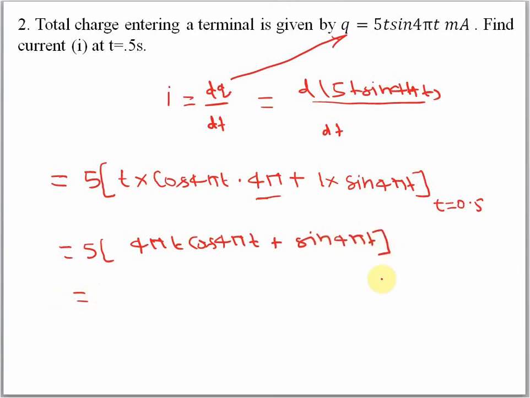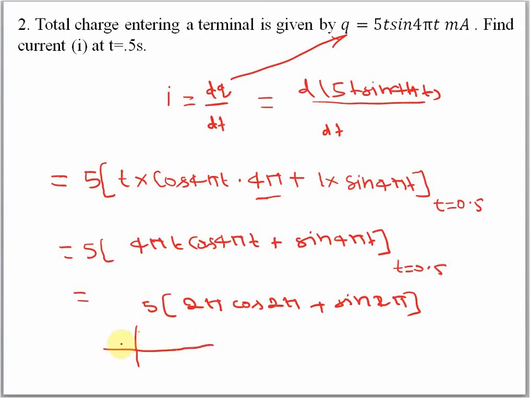So if we put t equals 0.5, then it would be 5 times 2 pi cos 2 pi plus sine 2 pi. Okay, so if we draw the cosine function with respect to time, we see this one.